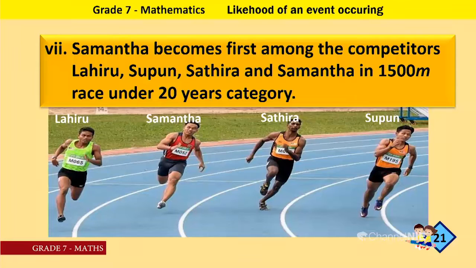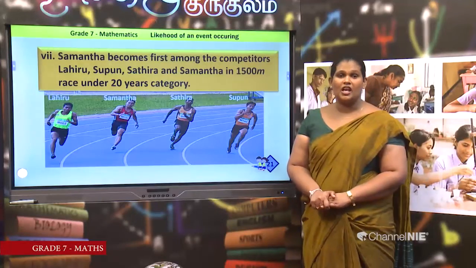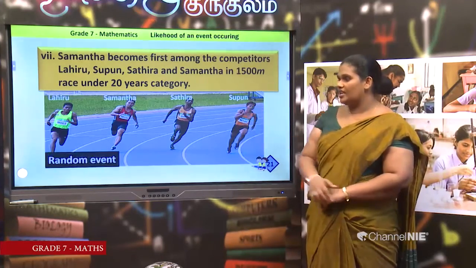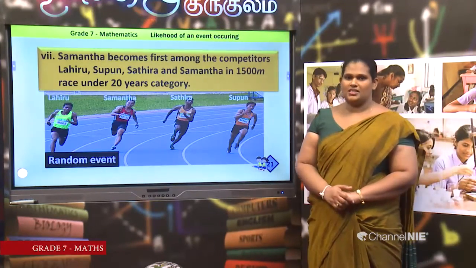Now, the event is Samantha becomes first among the competitors Lahiru, Supun, Sathira and Samantha in the 1500 meters race under 20 years category. Right. Now, can you say whether Samantha is going to win or not? You can't say beforehand. You have to watch the race first, then only you can say who's going to win. Isn't that so? Therefore, once again, it's a random event.